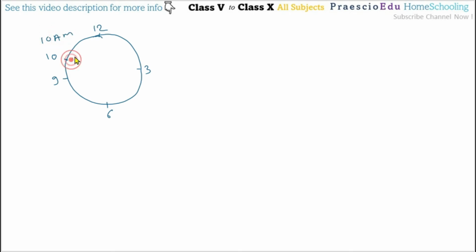So from the starting up to 3:45 PM. So from here to here, suppose this is the clock. I just note down hours, minutes and seconds for your understanding purpose. So up to 12 afternoon, from 10 to 12, this is 2 hours and 00 minutes.